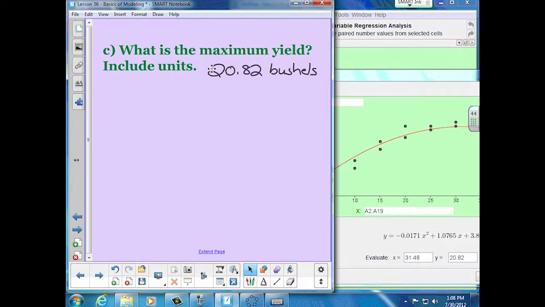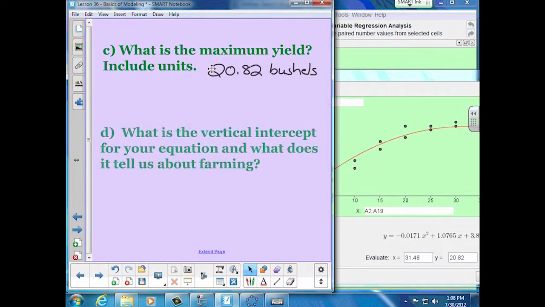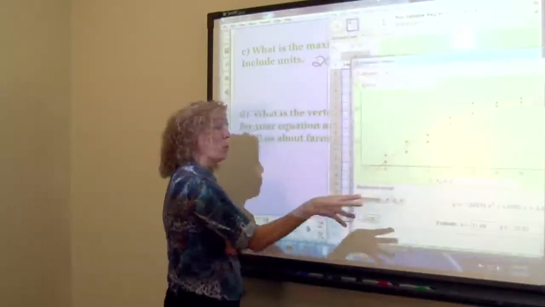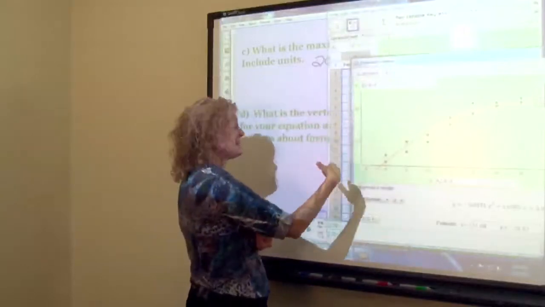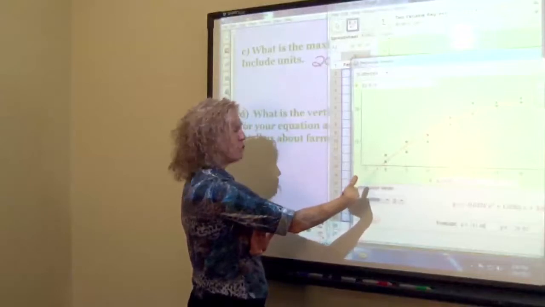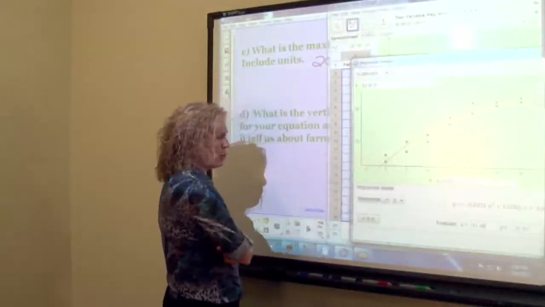Okay? One more question. What's the vertical intercept, and what does that tell us about farming? Vertical intercept. You know, some people call that the y-intercept, and this is kind of interesting in that you don't see the y-axis, so it's really hard for you to judge that just from this graph.